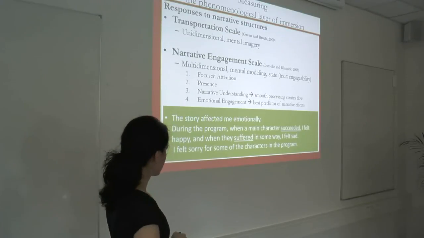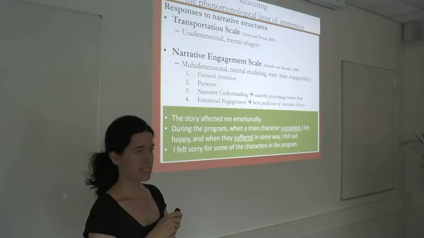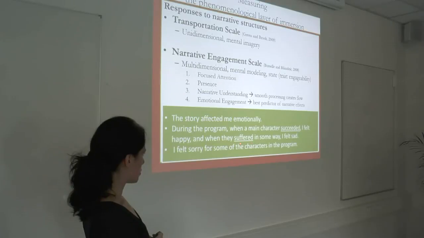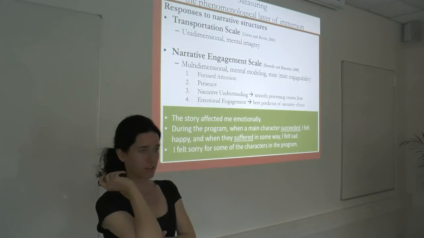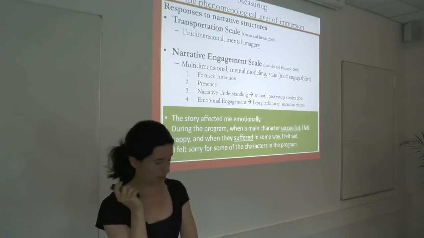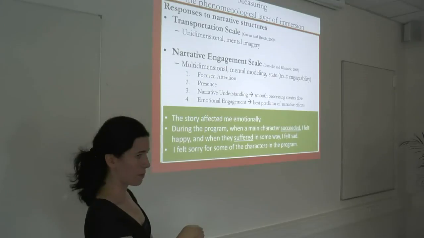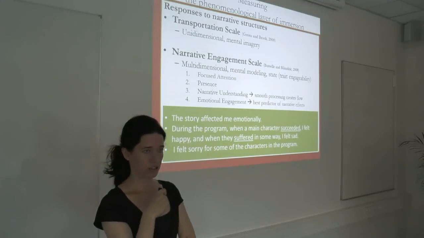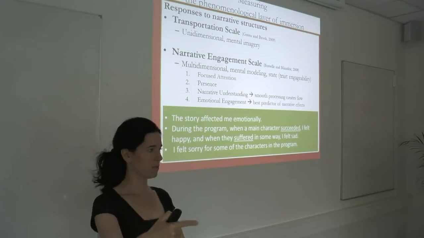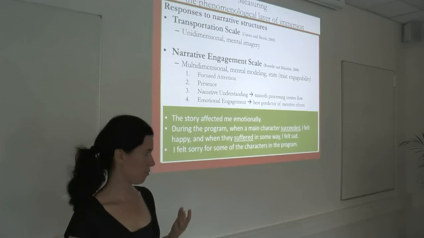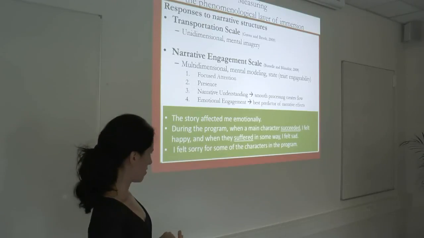I have the feeling that theory of mind is already implied in these items. So for example, just to recognize that the character suffers, you need theory of mind functions, and just to feel compassion or pity for a character, you need to understand that something happened to the character that she didn't want to happen to herself.